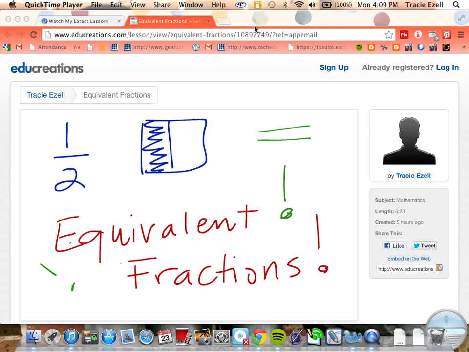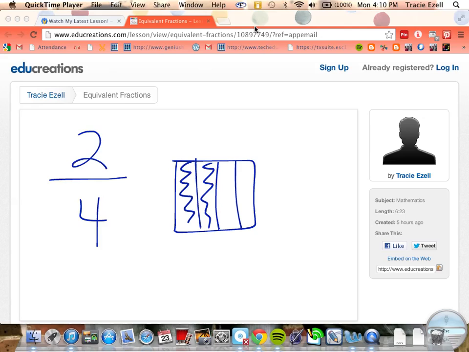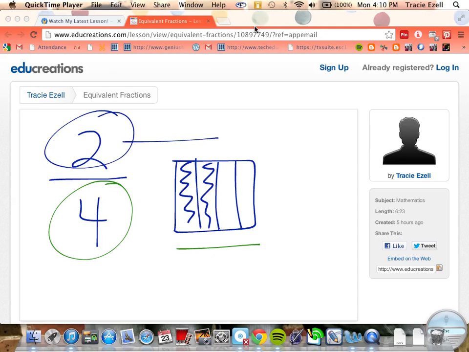So in the picture that I have here, I have 1/2 over here, and the picture beside it shows two total pieces, one of them shaded, which means 1/2. Now, on this page, I have 2/4, and I show that 2/4 shows a picture with 4 total pieces and 2 of them shaded. 2/4.